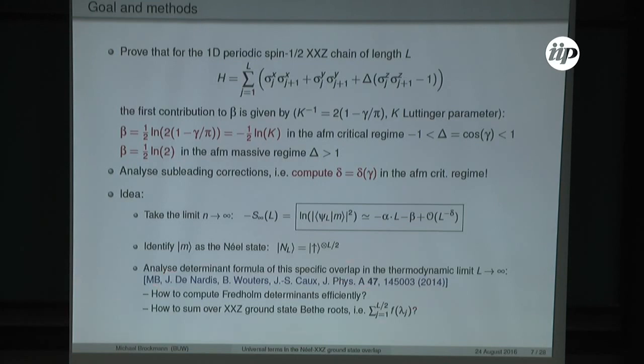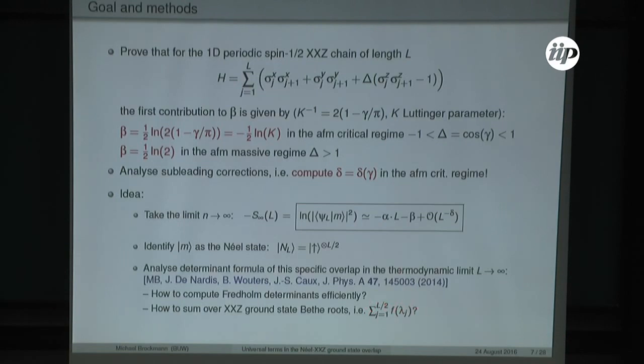The overlap formula contains basically two terms. One is a ratio of Fredholm determinants, so we have to see how Fredholm determinants can be computed. The other one is a prefactor, which, if you take the logarithm, becomes a sum over a certain function f which depends on one single Bethe root.